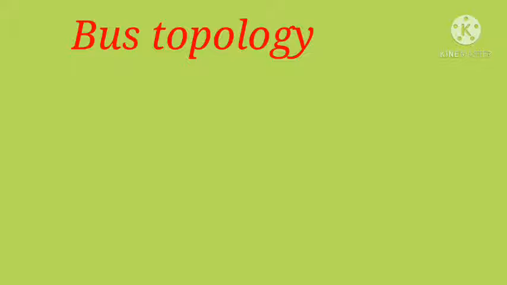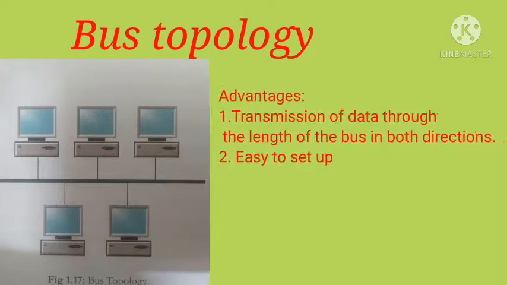Second one is bus topology. In this topology, each node is attached directly to a central cable, which is the common communication medium for all attached nodes. The common central cable is called the bus.